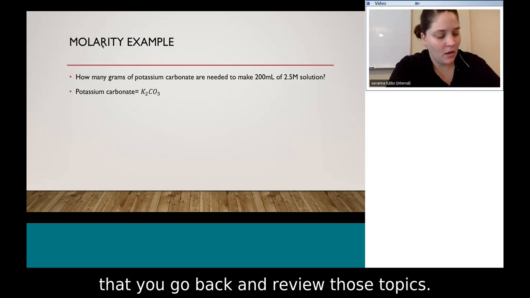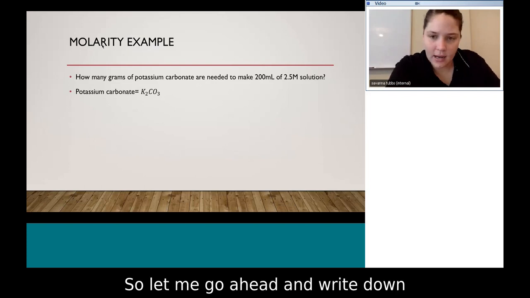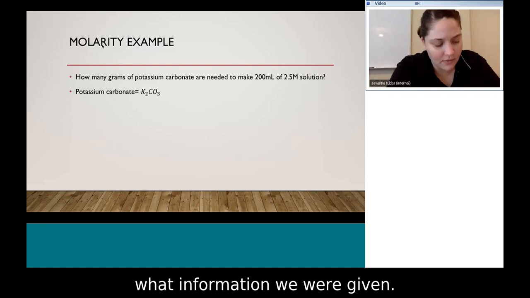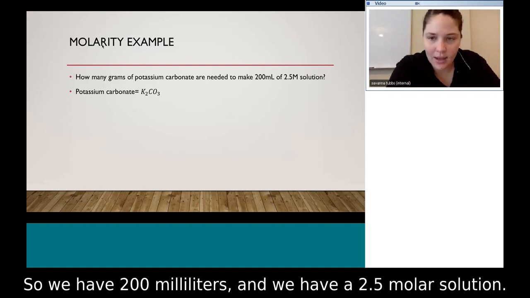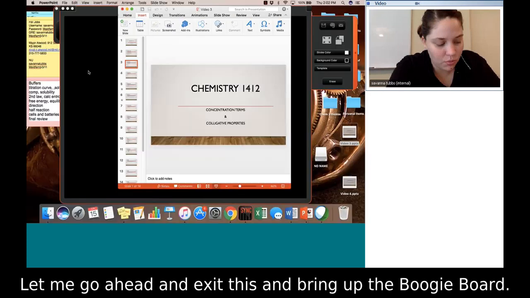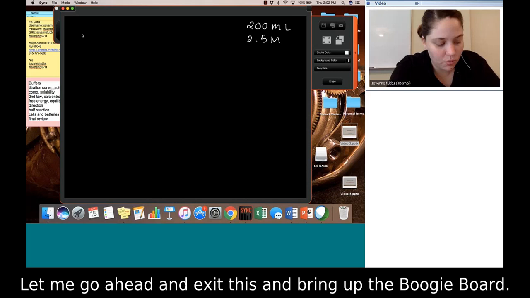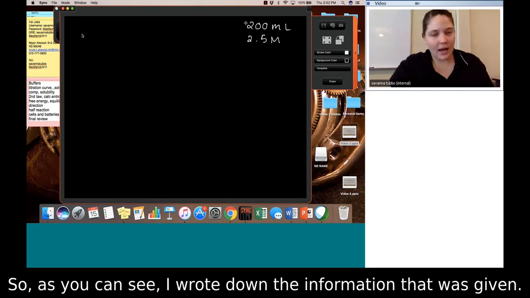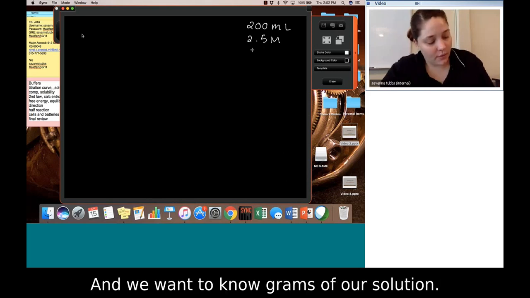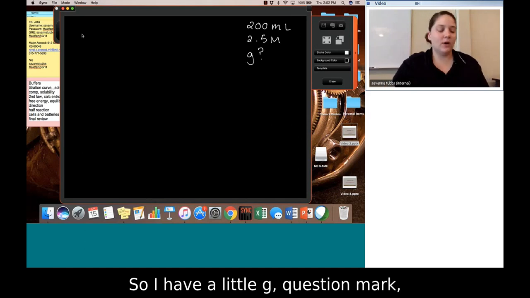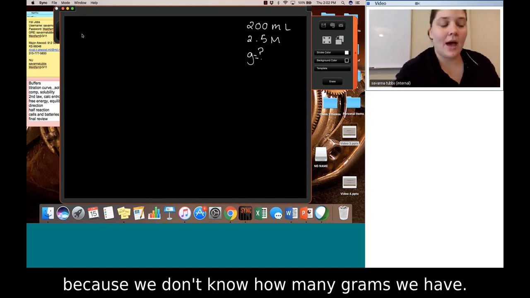If you are rusty on your naming, do go back and review those topics. Let me write down what information we were given. We have 200 milliliters and a 2.5 molar solution. I'm going to exit this and bring up the boogie board. As you can see, I wrote down the information that was given, and we want to know grams, so I have a little G with a question mark because we don't know how many grams we have.